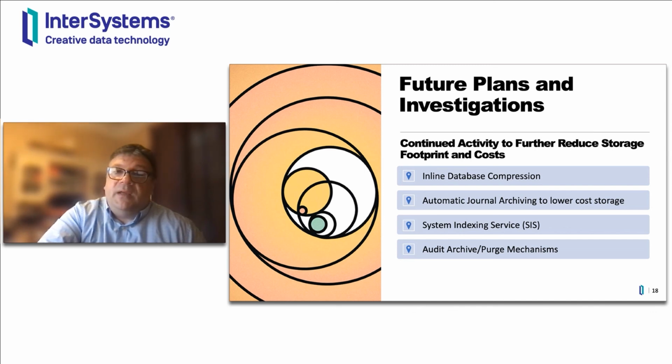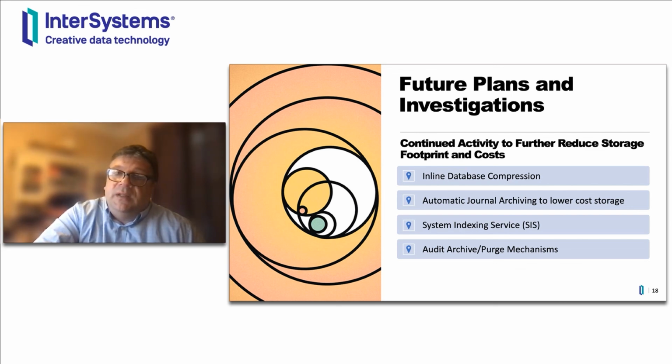And then we have the HealthShare System Indexing Service, or the SIS, as a new upcoming component of HealthShare to aid in performance scaling and also benefit from reduced audit storage footprints, very similar to what ODS does today. There is a session, I think, dedicated specifically to the System Indexing Service that's coming in 21.2.